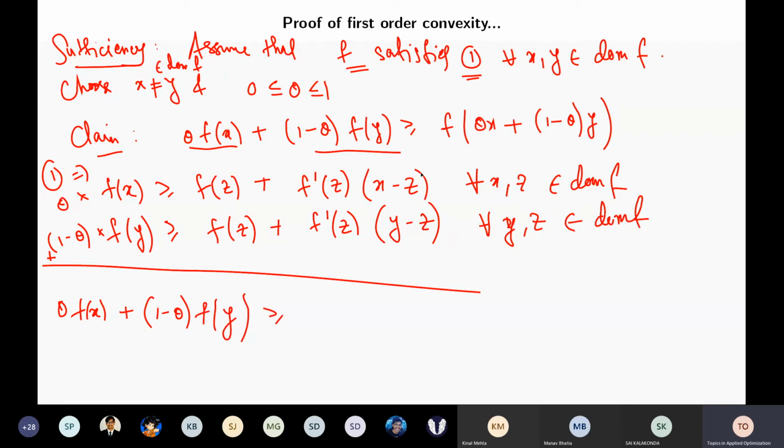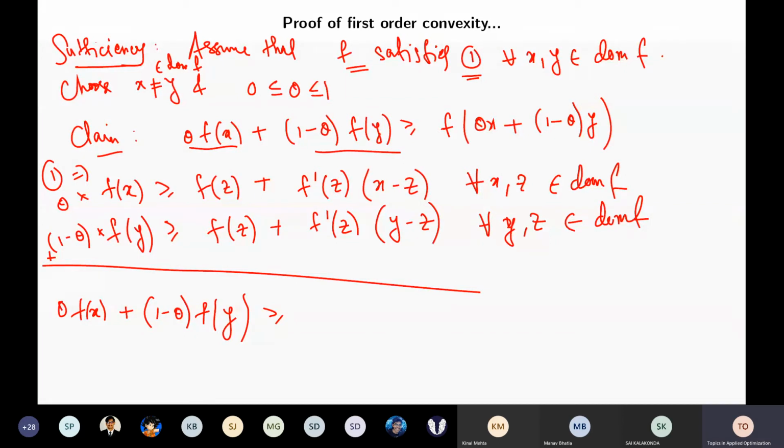So what will happen is that the z term will vanish. I am supposed to prove why it should vanish.